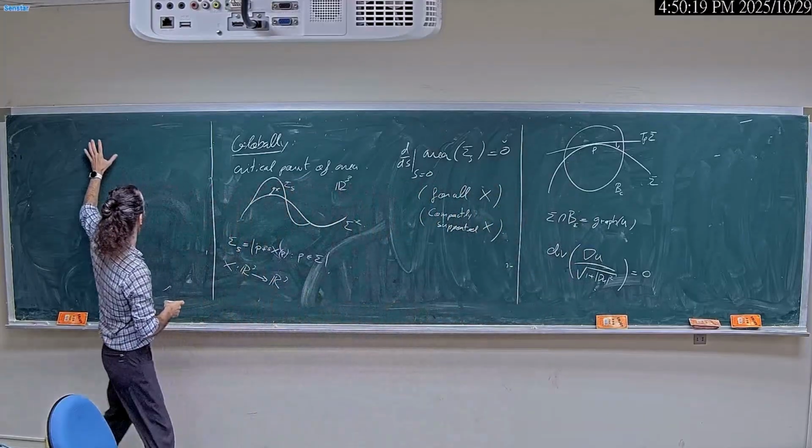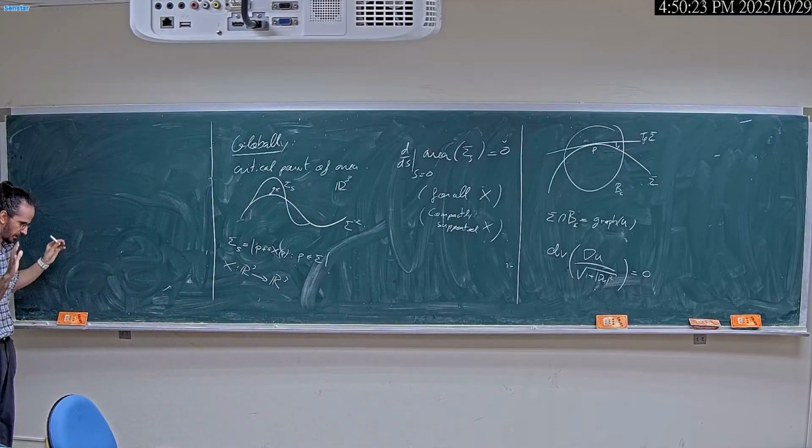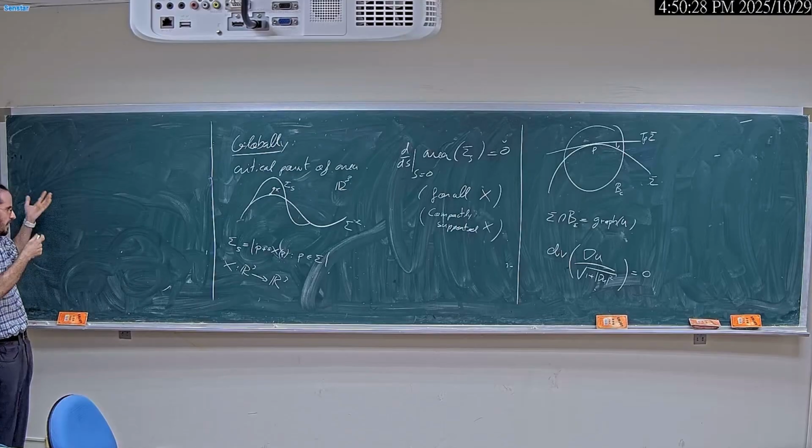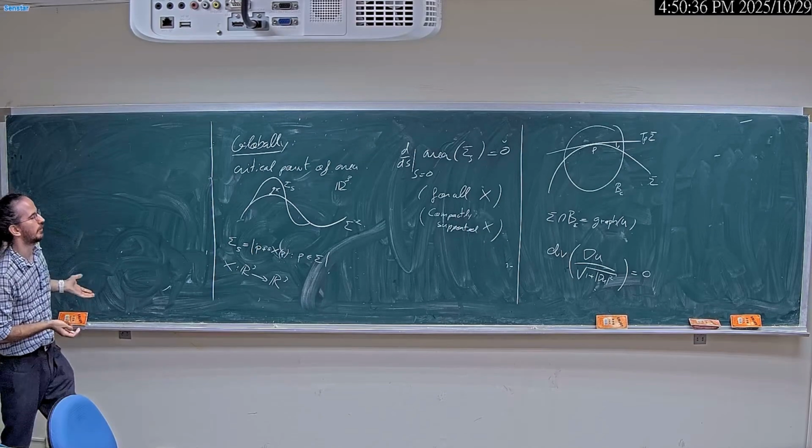So when we're talking about singularity, singularity can have different meanings in different areas of mathematics, right? If you're trying to find functions of class C3, a function of class C2 is singular, because it's not C3. So singularity really depends on what you're looking for.